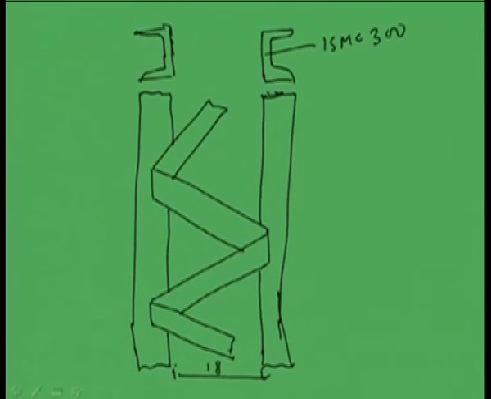So, this is one channel section, say, placed like this. This is ISMC 300, right. Similarly, if I see the cross section, this is another channel section, also ISMC 300, and this distance is 183, that is the spacing 183 mm, right.